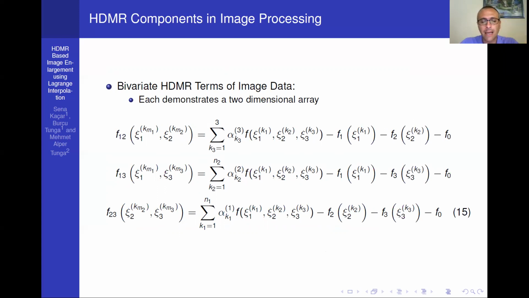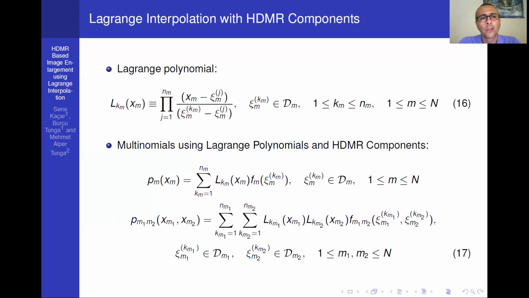This means that we decompose the given multivariate data set into univariate and bivariate data sets. To represent the considered image, we need to construct analytical structures for those partitioned data sets. To do this, we use Lagrange polynomials.